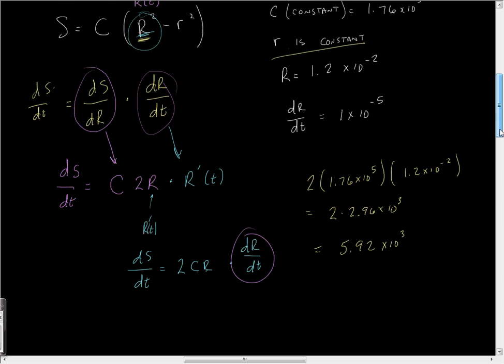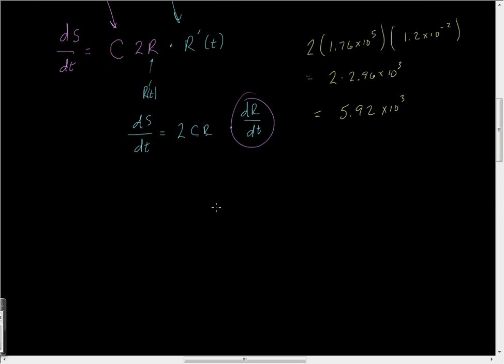And so ds/dt is equal to 5.92 times 10 to the third times 1 times 10 to the negative 5. I got that value from here.